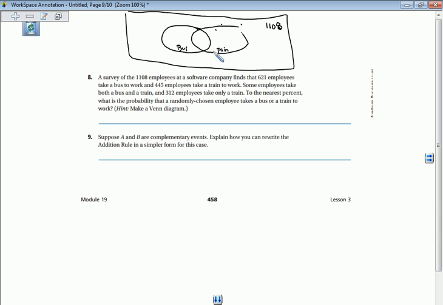I know there's a total of 621 employees that take the bus, and for the train, I've got 445. But then it tells me that 312 employees only take the train. So in this part of the Venn that's just the train, I've got 312, right?